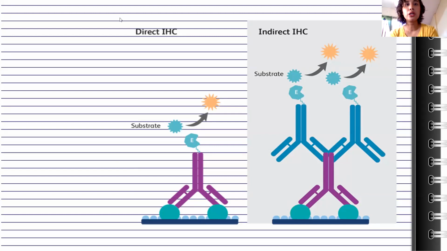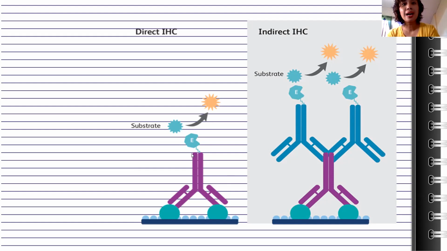We have direct immunohistochemistry. So very simple. These are the characters in direct immunohistochemistry. This is your antigen or your tumor. And simply, guys, only one primary antibody will attach to your antigen. And this antibody, as I told you a while ago, could be conjugated or labeled with an enzyme.